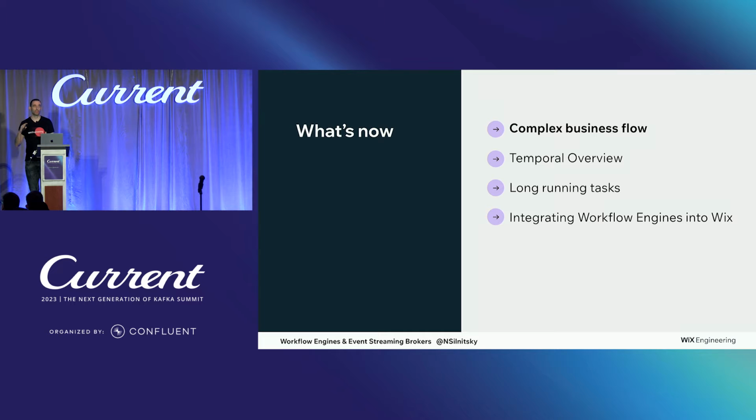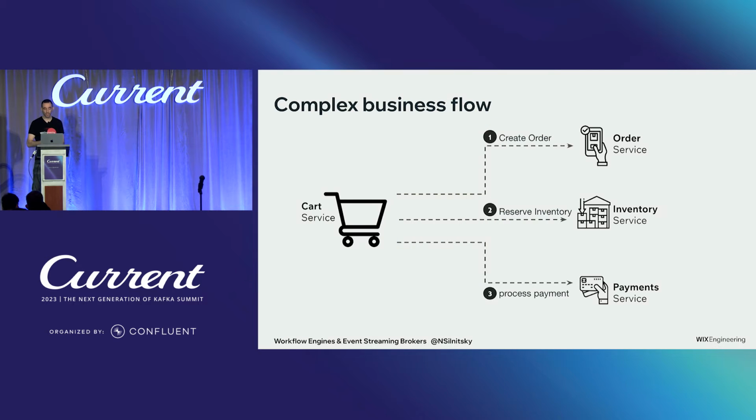Then we'll pivot and look at the long-running task use case and see why Temporal is better for that than Kafka. And finally, we are considering employing Temporal at Wix, but there is a challenge in how to integrate it when we need that level of decoupling and flexibility in our open platform. We'll talk about that as well.